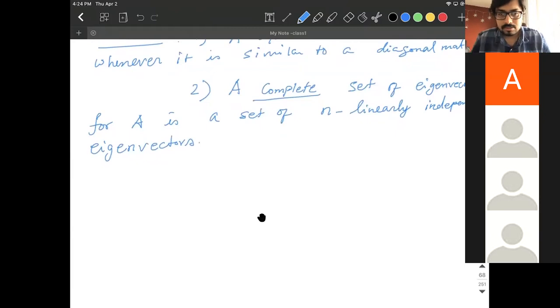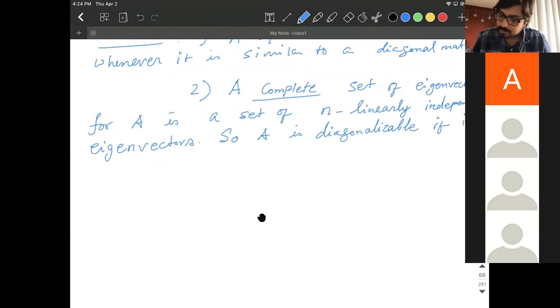Okay, so A is diagonalizable if it has, just to give a name, a complete set of eigenvectors.